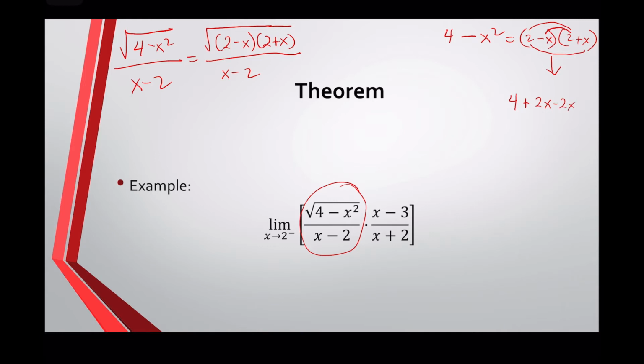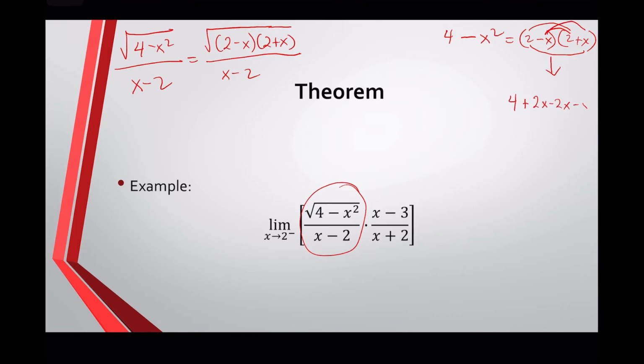And lastly, the last terms, negative x times a positive x, give us a negative x squared. So we definitely cancel the 2x and the negative 2x here. This gives us 0. So we're left with 4 minus x squared. Okay, so for the benefit of others, we have this in algebra: this would be a difference of two squares.